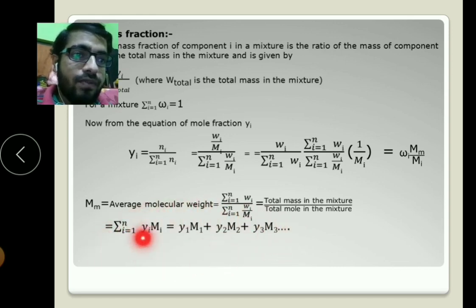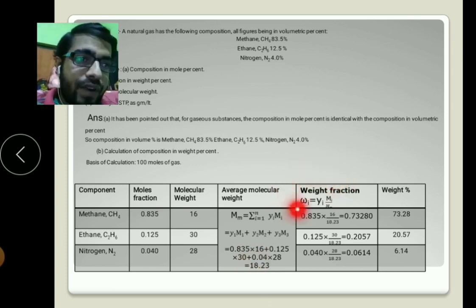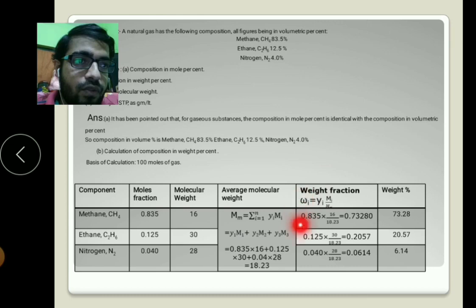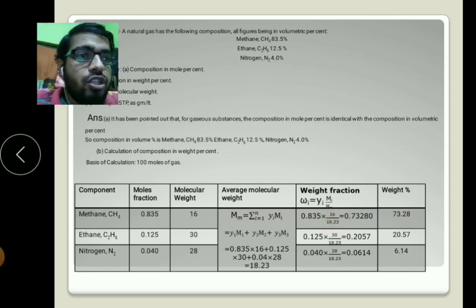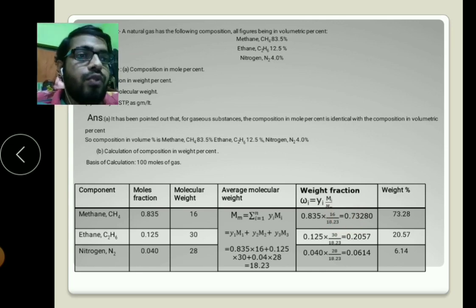From this formula we get the average molecular weight, and it is 18.23. Weight fraction, again we have the formula, and from it we can calculate the weight fraction. Weight percentage is weight fraction into 100. Here the weight fraction is 0.7328, so the weight percentage is this into 100, so 73.28.